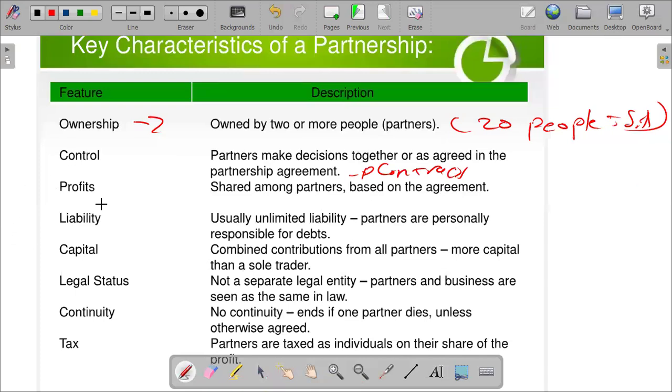And then profits are shared among partners based on the contract, the partnership agreement. And then the liability, usually unlimited liability, meaning that if the business can't pay its debts, the owners will have to pay. So partners are personally responsible for the debts.